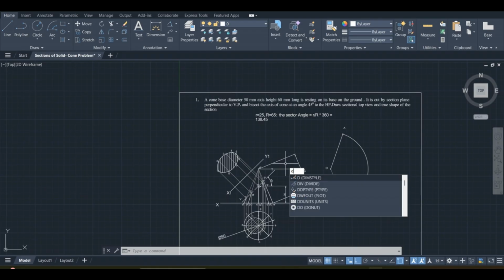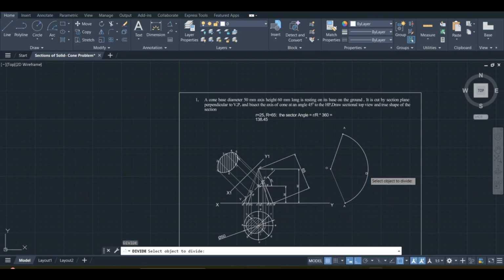So for that I am using the command divide the arc 8 segments. Yeah, I got the points.